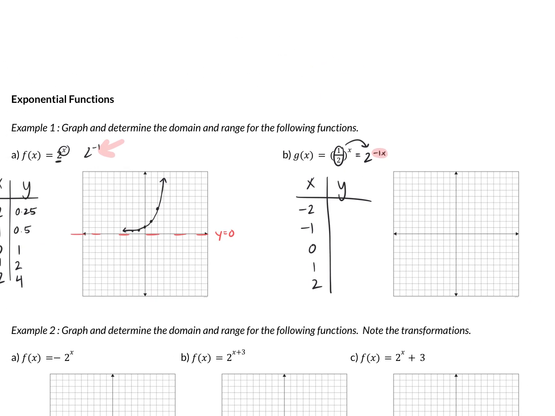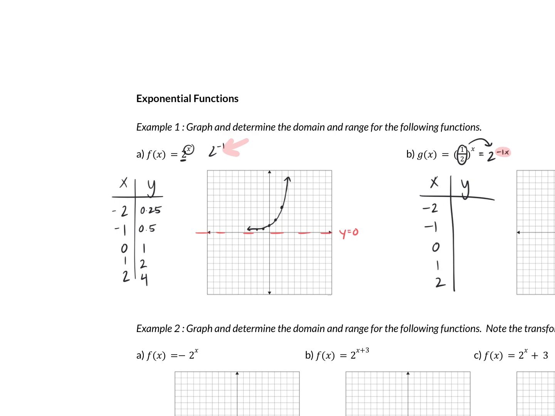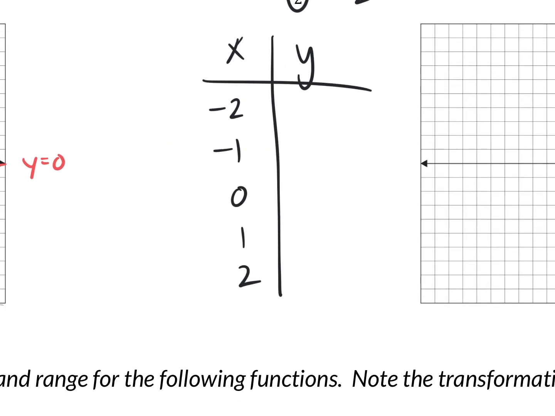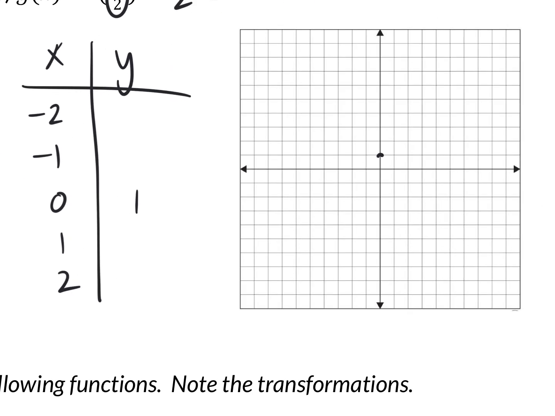So we can either do one of two things. We can plug those values in, -2, -1, or we've already gotten the values for x and y over here. We just need to reflect them over the y-axis, yeah? So this point at 0, 1 is going to stay at 0, 1 because it's on the y-axis, right? So I'd plot that point.